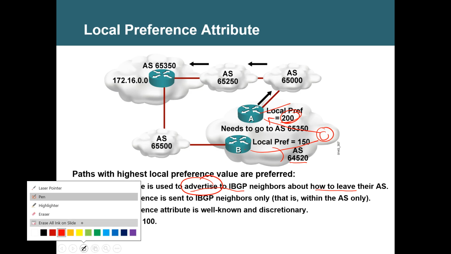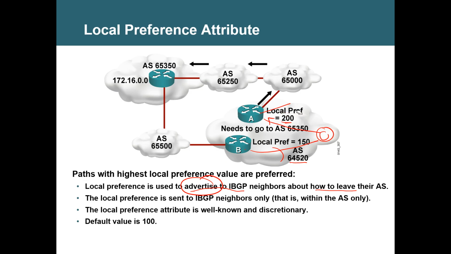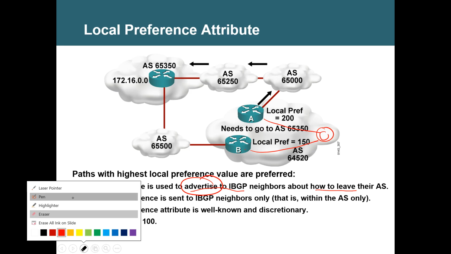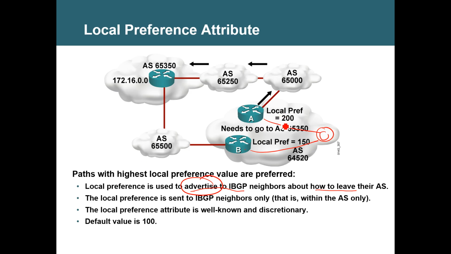So every router knows that the best exit, the preferred exit is A. Because A has got higher local preference value. B is only 150. So B will not be the preferred exit. A is the preferred exit.